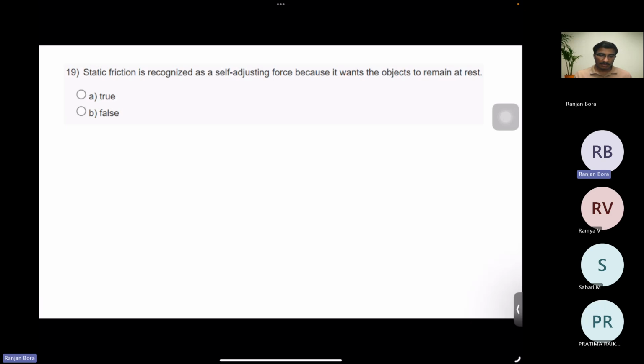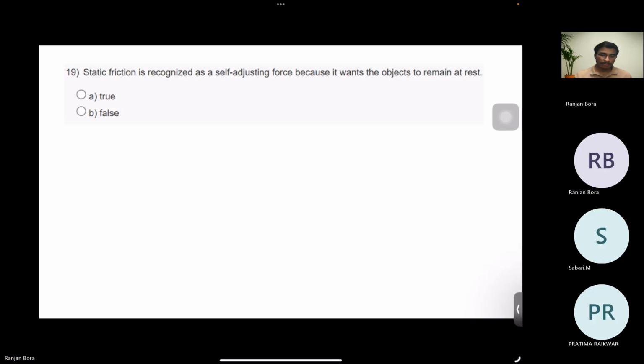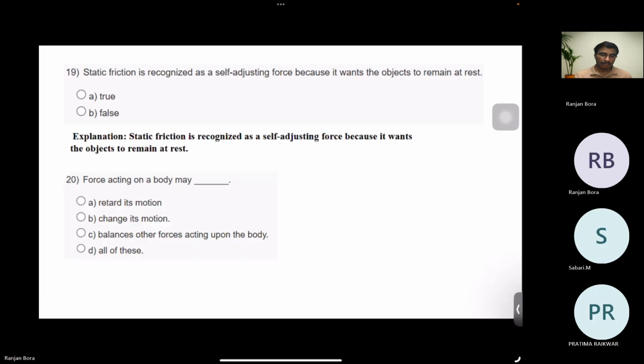This is a true statement, because when we start applying some force, only then does static friction appear. And what does it do? It tries to restrict the motion. And a force acting on a body may retard its motion, change its motion, or balance other forces acting upon the body. So all the conditions are correct.